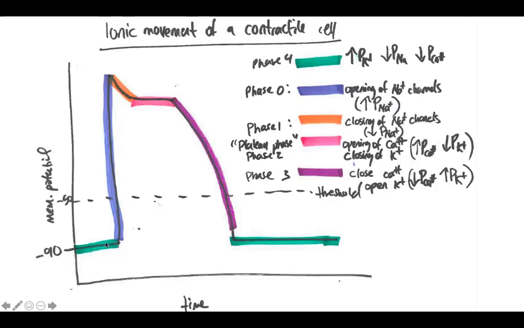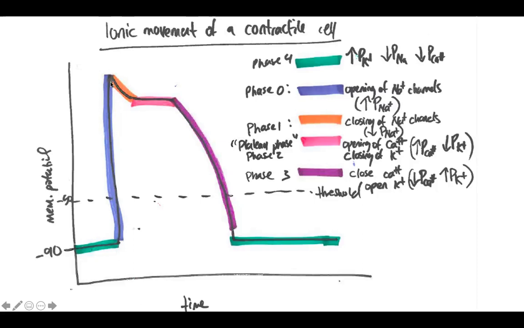Open up sodium channels, membrane permeability for sodium increases, sodium rushes in, which is what gives us the rapid upstroke here. Okay, so this is another area where this differs from the pacemaker cell. So the rapid upstroke of the action potential in pacemaker cells was owed to calcium. The rapid upstroke of the action potential in contractile cells is owed to sodium.